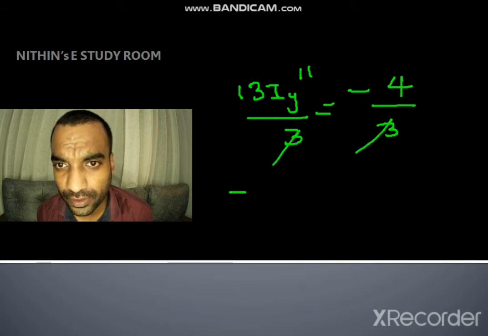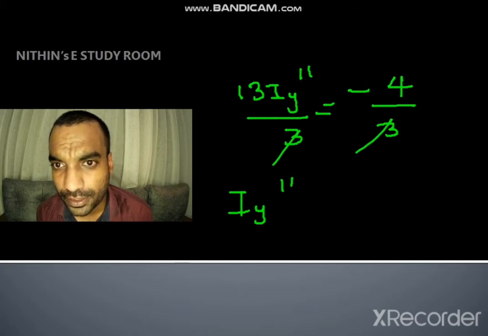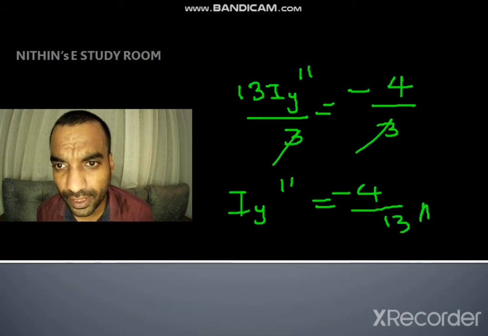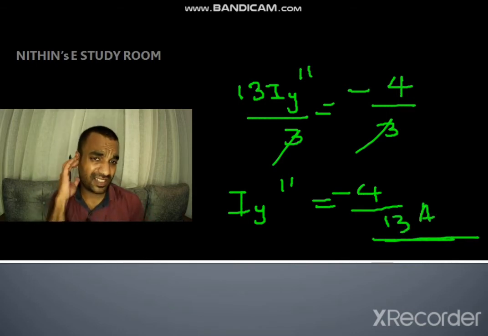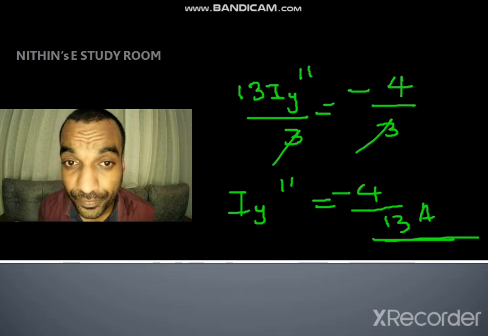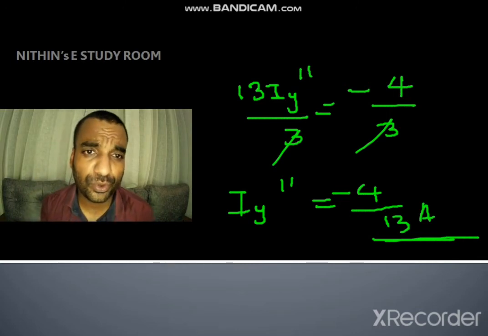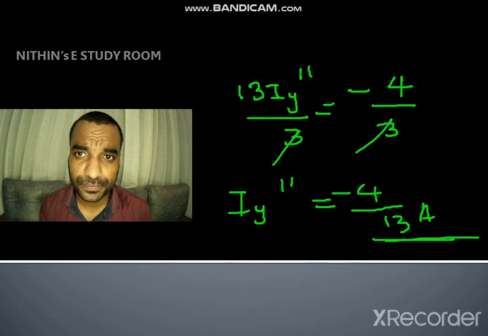So you will get Iy double dash is equal to minus 4 by 13 ampere. So this is the current in the second sub circuit, that is Iy double dash. So you got Iy double dash also.